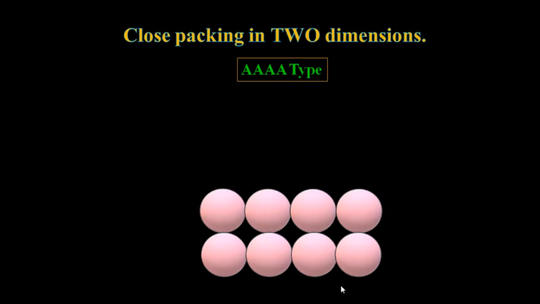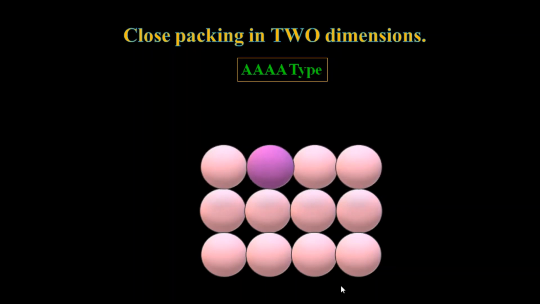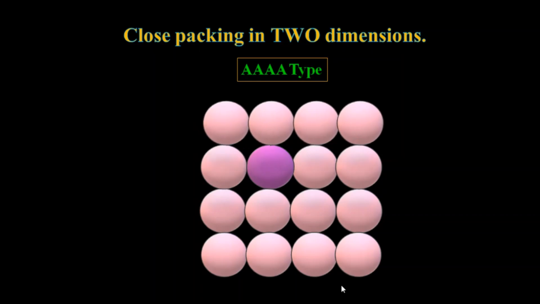The second row is exactly the same as the first one, the second is exactly similar to the third, and the fourth. If we label the first row as A type, then the second row is also A type. Similarly, we place more rows to get the A type of arrangement as in the figure.